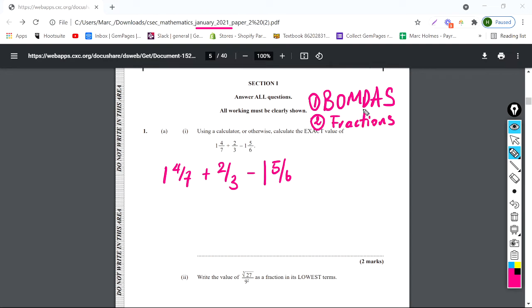So bomb dash, guys, we're going to add before we subtract. All we have here is adding and subtracting, so we're going to add first and subtract after, and I'm going to change everything to fractions.